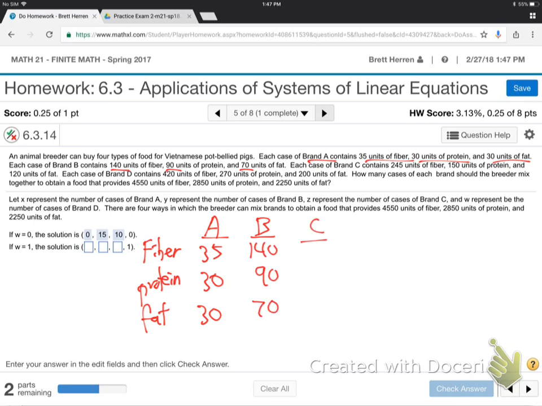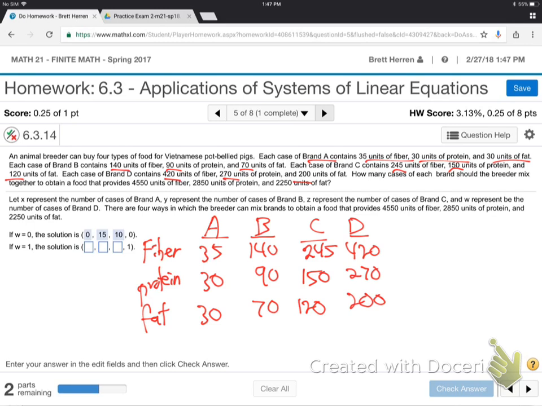For brand C, it's 245, 150, and 120. And D, and they go on and on here. D is 420, 270, and 200.